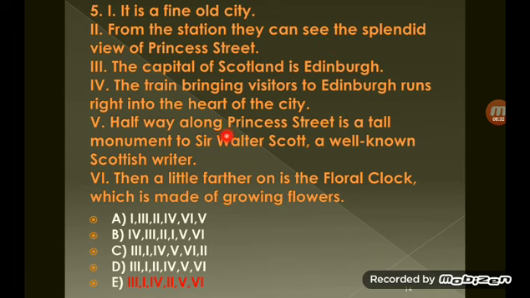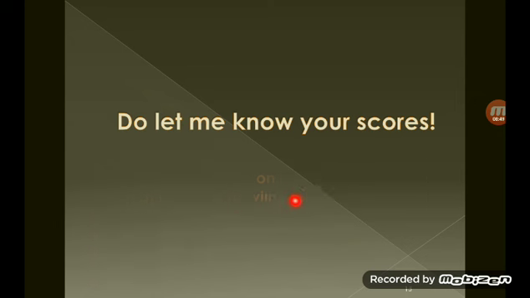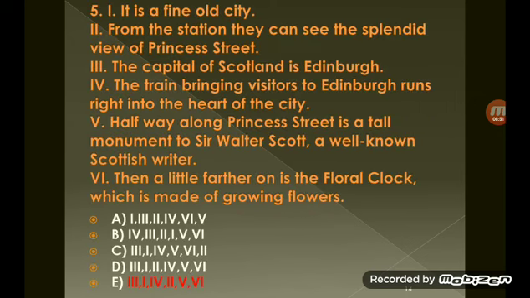Okay, then fifth one, halfway along Princess Street, because they've introduced Princess Street here. So halfway along Princess Street is a tall monument to Sir Walter Scott, a well-known Scottish writer. And then a little farther on is the floral clock, which is made of growing flowers. All right. So this is a paragraph.